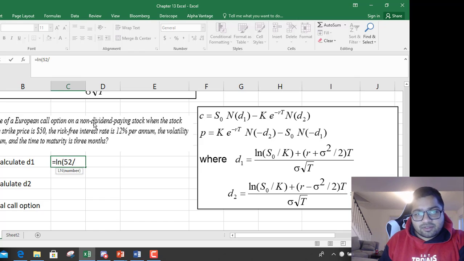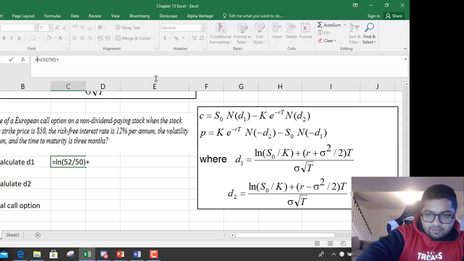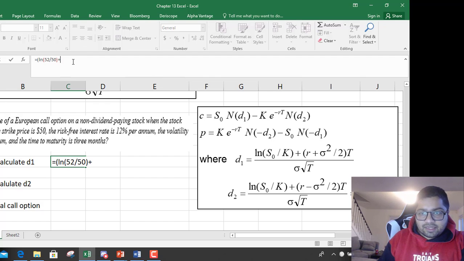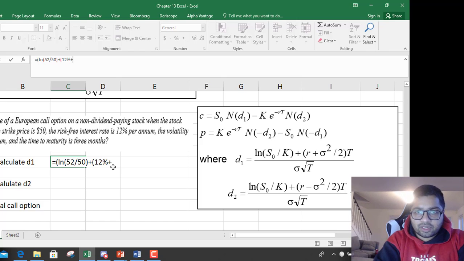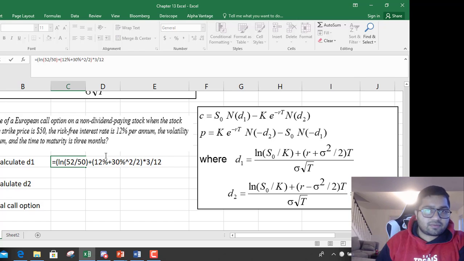Strike price is exercise price, so that is 50, plus, I'm putting this in a bigger bracket because we have to then divide also, plus let's start a new bracket, R risk-free rate, so 12%, plus volatility sigma 30% squared, by 2, times T. T is 3 months. 3 months will be 3 divided by 12 or 1 by 4.